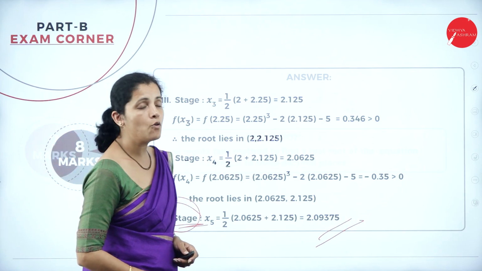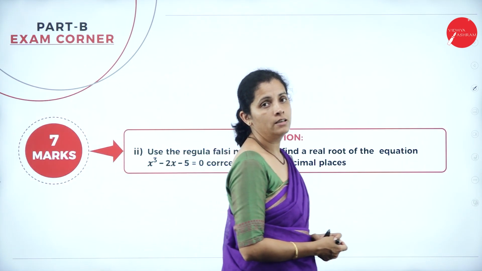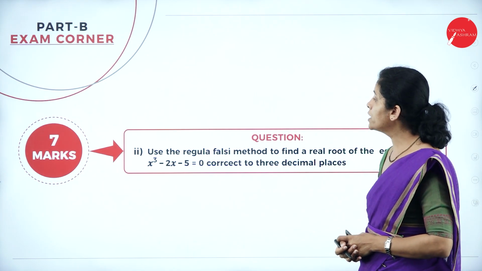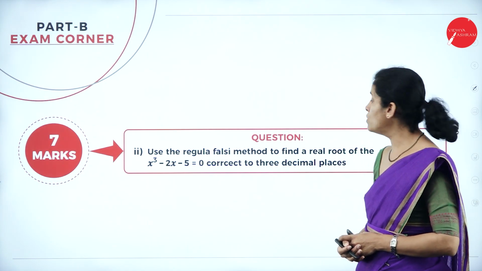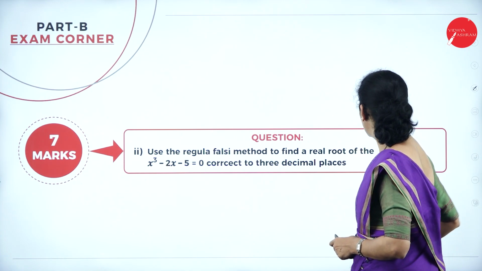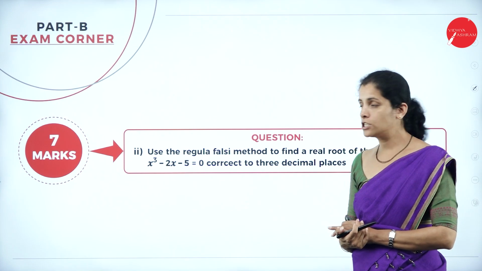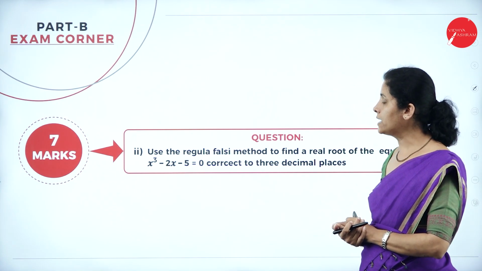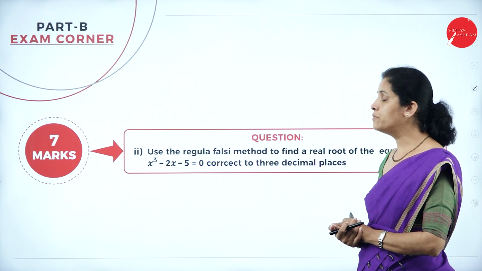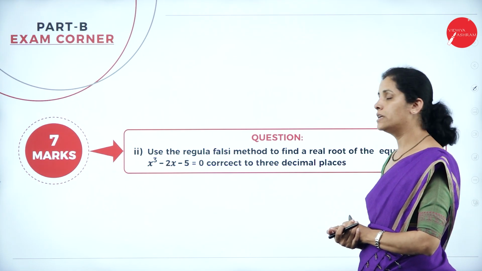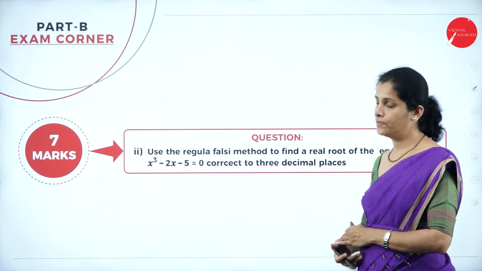Now, my next question is for 7 marks. Use the regula falsi method to find a real root of the equation x³ − 2x − 5 = 0, correct to 3 decimal places.